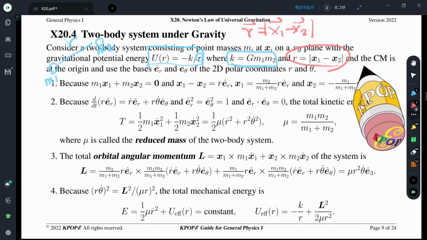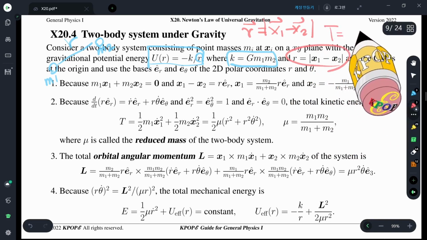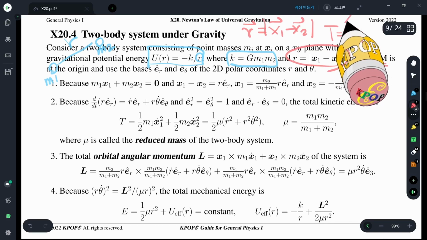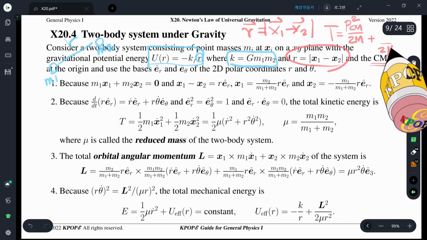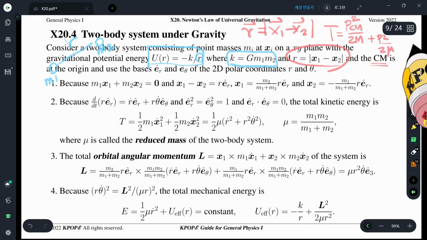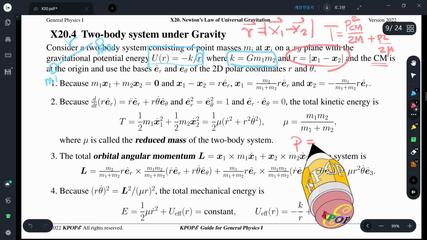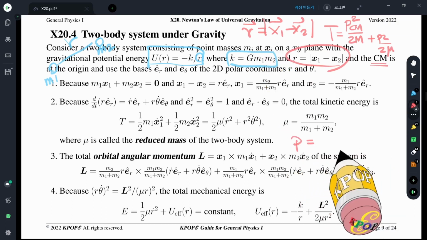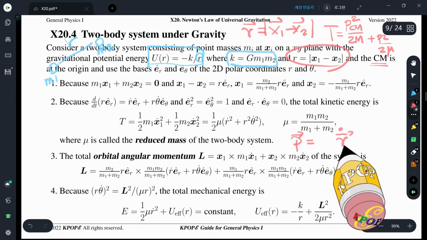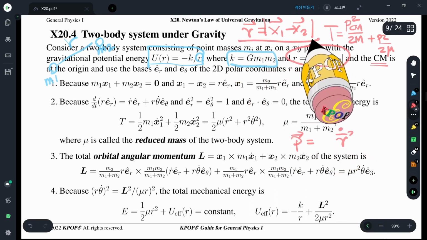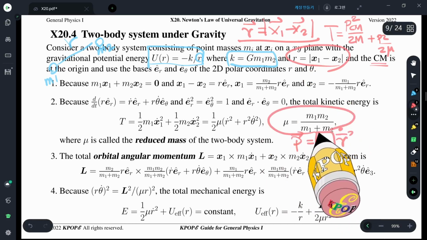At the center of mass frame, the total kinetic energy is P_CM squared over 2M plus p squared over 2 mu, remember. And this small p vector is the velocity of this relative coordinate multiplied by the mass, that is this one.